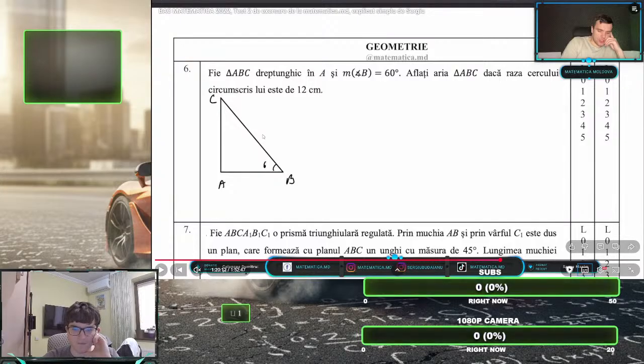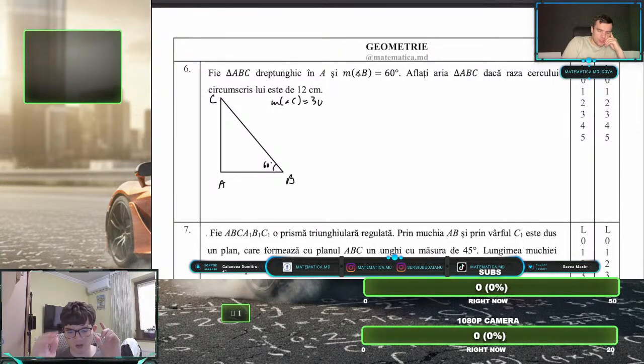Find the area, knowing that the circle at the exterior of the triangle has a line from the center of 12 centimeters. I don't have the formulas in front of me, so let's just watch it. I'm not gonna commentate on how I might solve it.